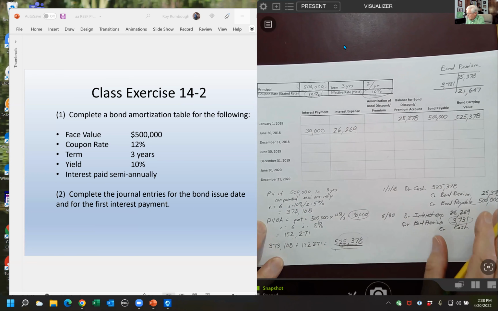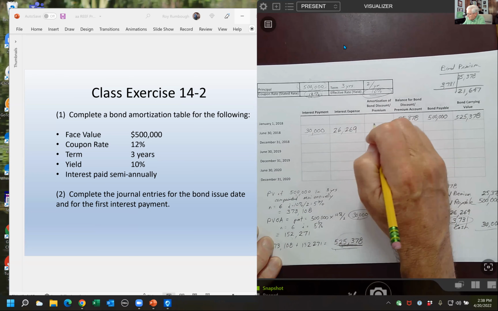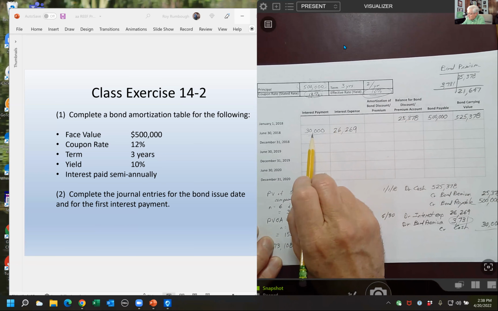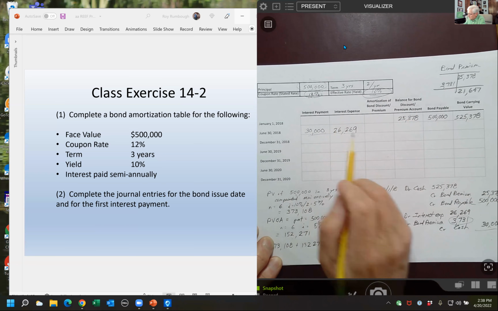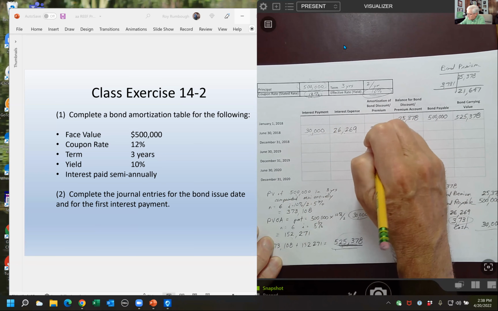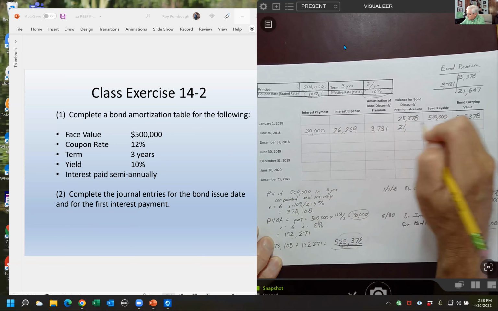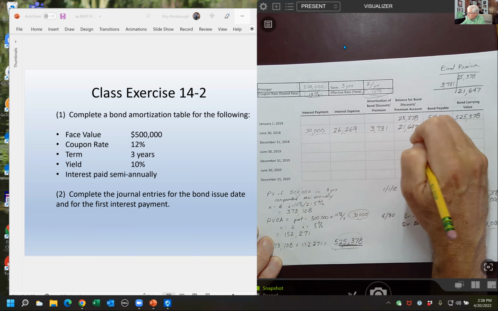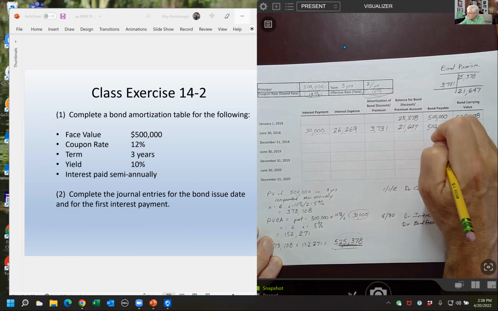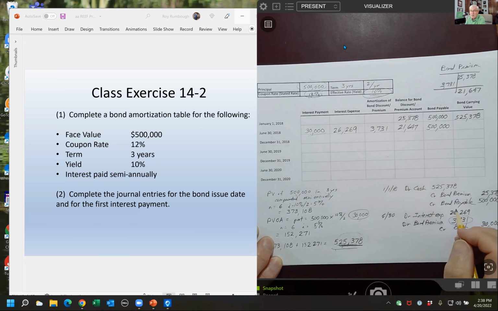Again, you're going to have to know how to do this table. So $30,000 payment minus the interest expense, that's the 3,731. Reduce this balance down to 21,647. My bonds payable, we don't touch this account, still sitting at 500,000.